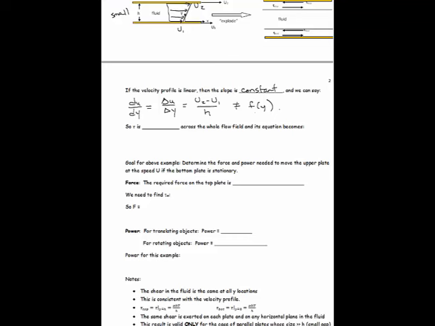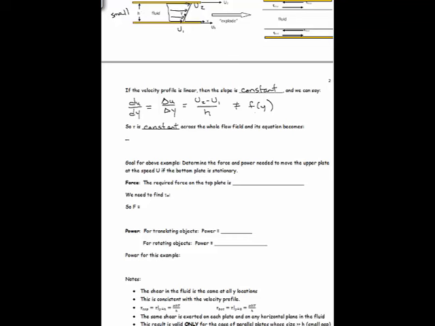So if du dy is constant and mu is constant, meaning it's a Newtonian fluid, then tau is also going to be constant. In other words, tau is not going to be changing as you go across that gap.